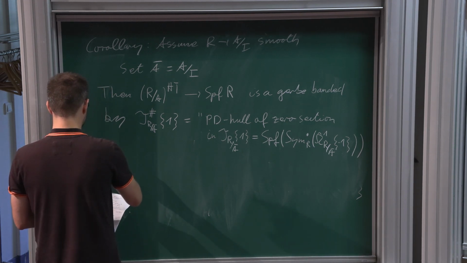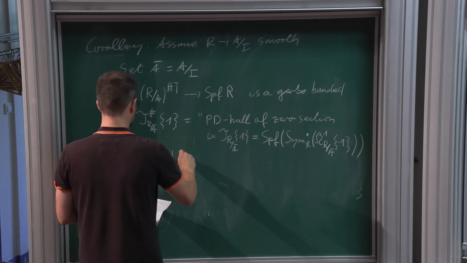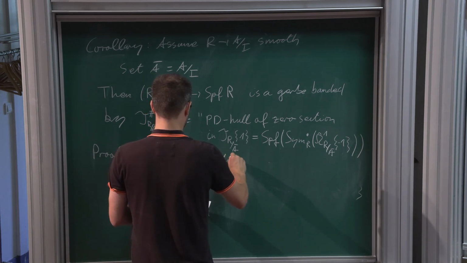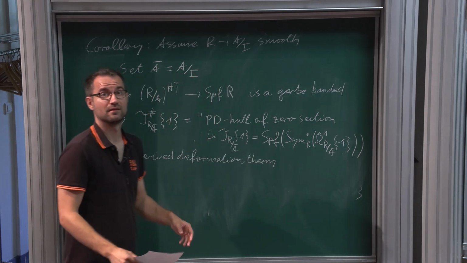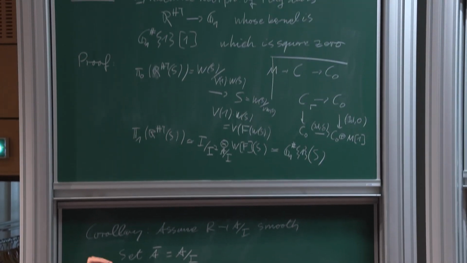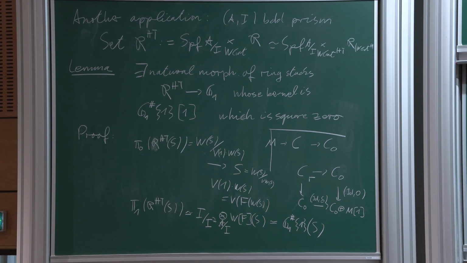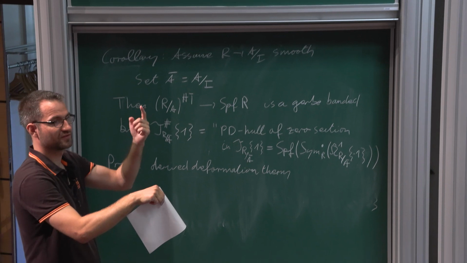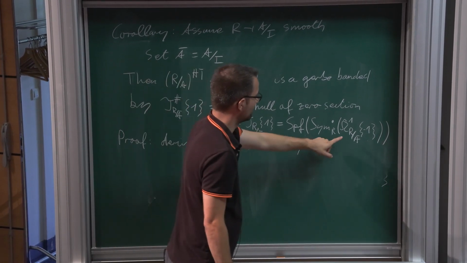And so the proof is derived deformation theory. Namely, if one considers morphisms into a square zero extension and one fixes the morphism to the base, then all the other morphisms form a principal homogeneous space under the derivations, and the derivations are homomorphisms from Omega 1.